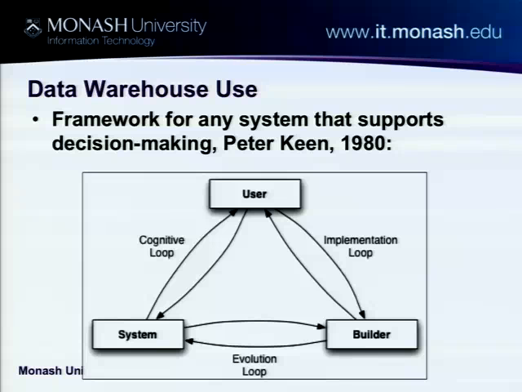And the key insight was the idea that a systems development process consists of users, the system being developed, and the team building the system. So users, system, and builder. And in a DSS, there's a two-way interaction between the user and the system. As the user uses the system, they learn about the decision problem, they gain insight into the decision problem, and that changes their information requirements.